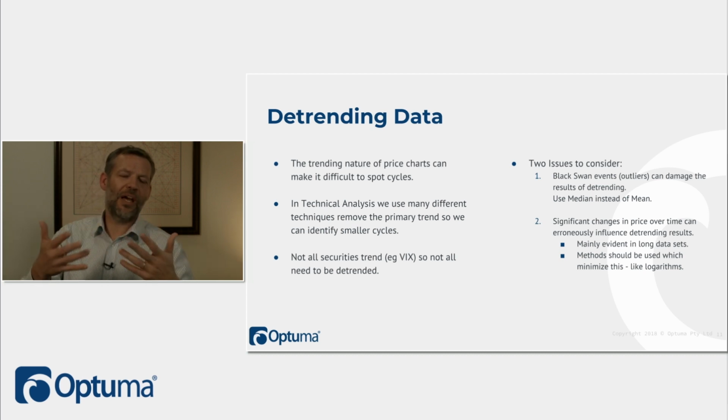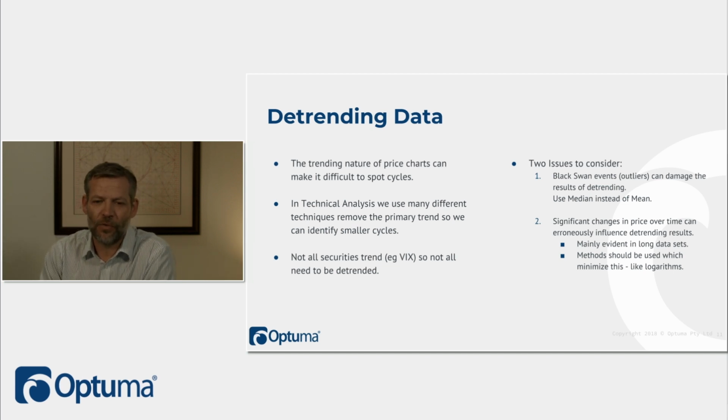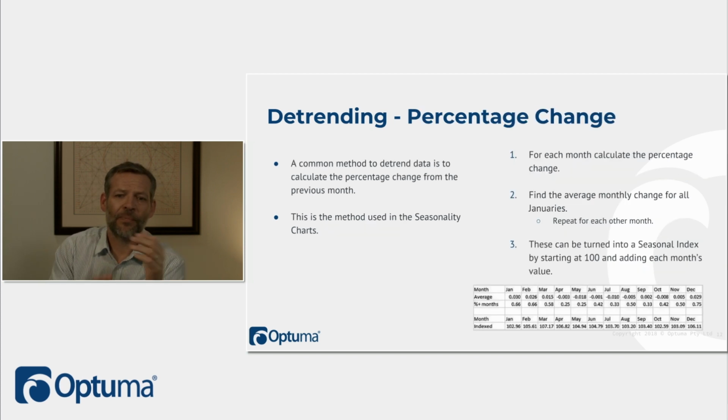And then once we do that, we can go lower and lower and lower and identify other cycles as well. Mainly evident in long data sets. Methods should be used to minimize this. Logarithms, if we are going to use really long data sets or really long time frames for detrending, are a way that we can minimize the effect of that.